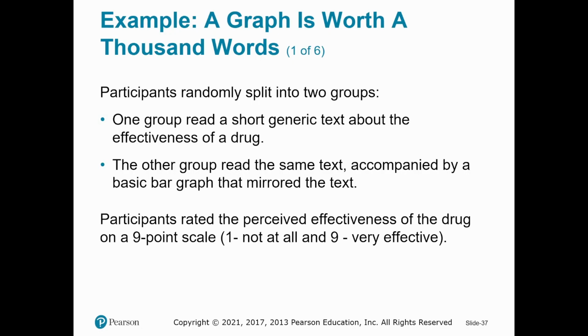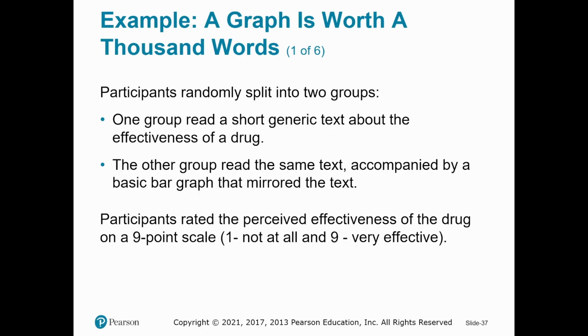So let's do an example here. A graph is worth 1,000 words. Participants were randomly split into two groups. One group read a short generic text about the effectiveness of a medication.